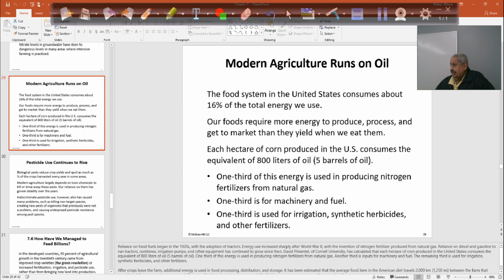But there is a catch, because when you burn, you combust your oil or crude oil, you have a lot of gases coming out. The major one is CO2, carbon dioxide, and that carbon dioxide causes global warming issues. Not only this, the crude oil has other elements that come up with it.